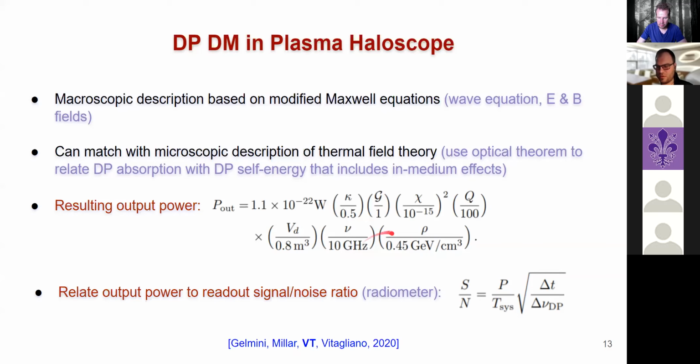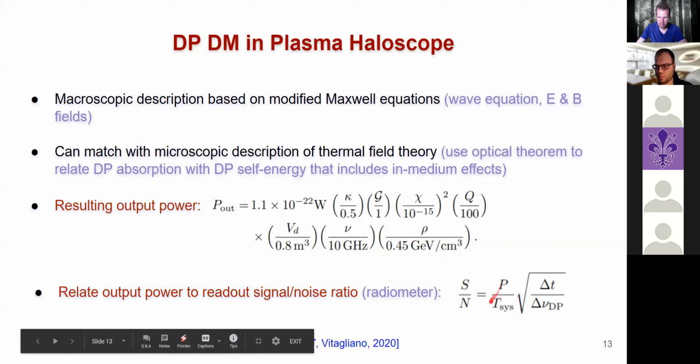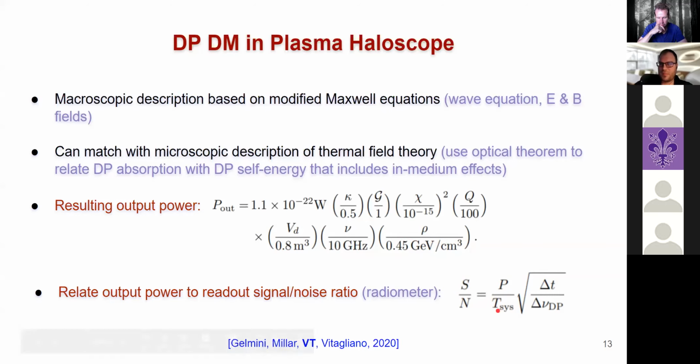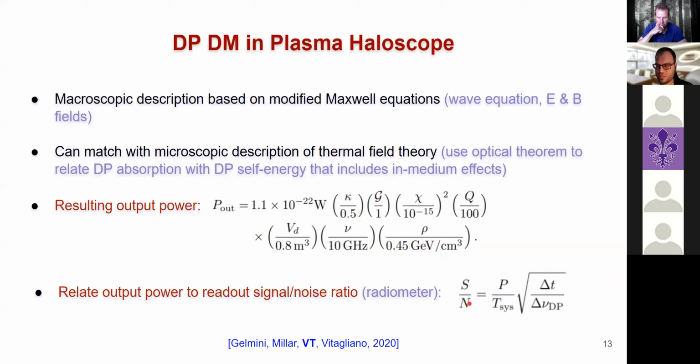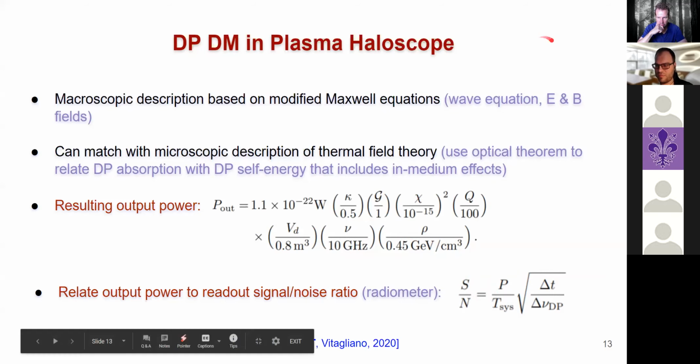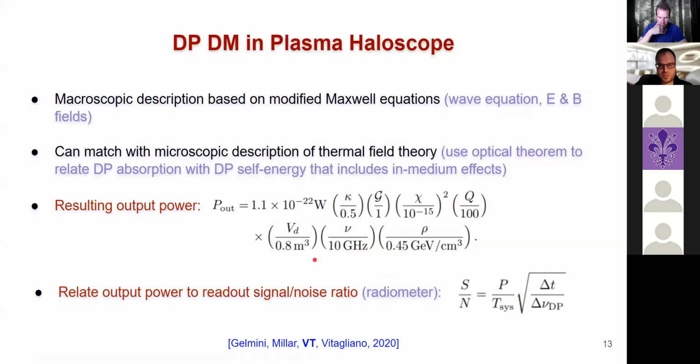And here the signal to noise is related to the power versus the temperature of the system, which is basically the noise temperature. Obviously the result is very sensitive to what you plug in for the noise. And here you also have the scanning time, delta t, versus the width of the signal. Okay, so this is the system description.